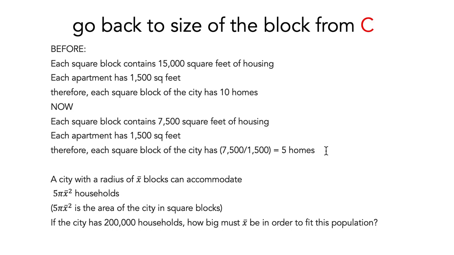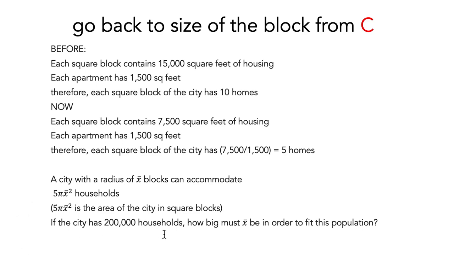That's 5 homes per block. Therefore, we need to accommodate enough space for 200,000 people. Oh, did I mention that in every household there's one person in this silly model? Okay, anyway, so you need this many households. So this is the area of the city in terms of square blocks, okay?